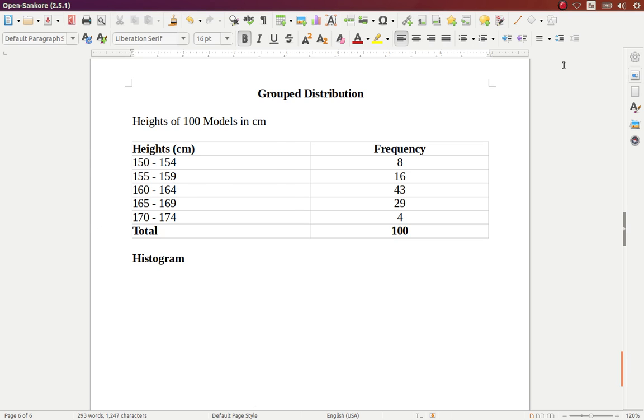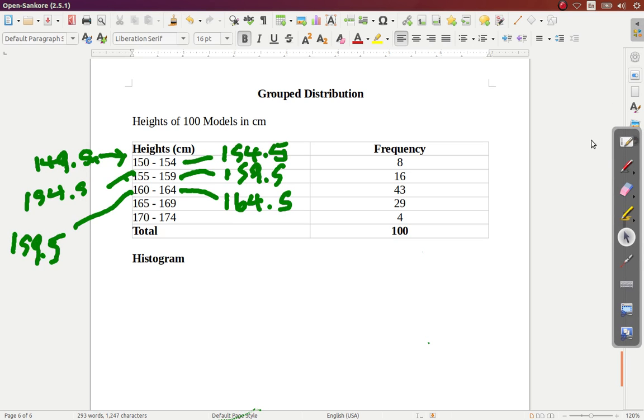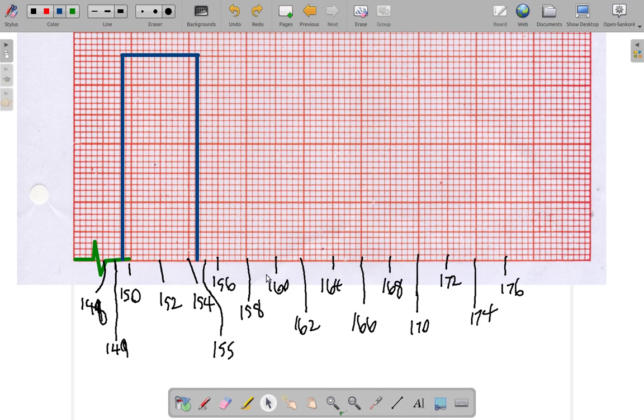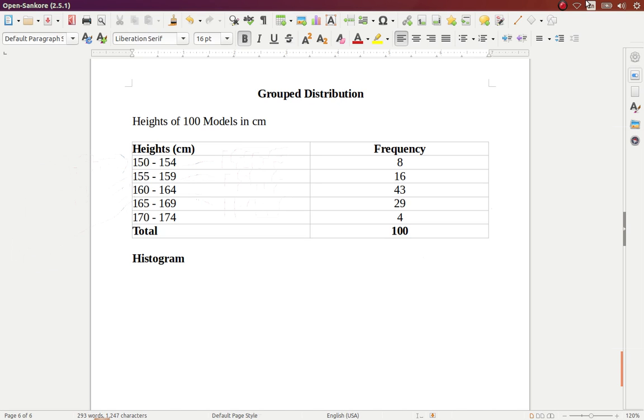It goes up to 159.5. Where is 159.5? Let me see. This is 158, 160, so 159 would be about there. 159.5, good.